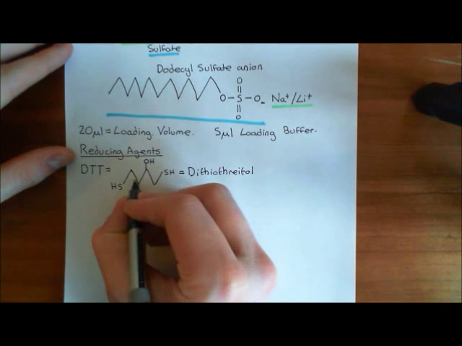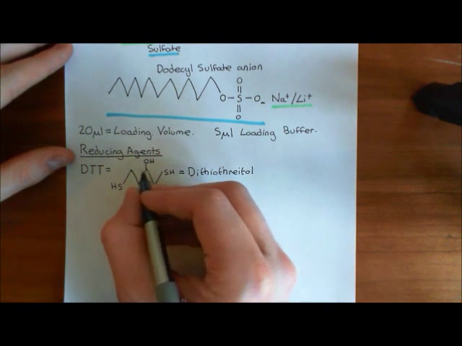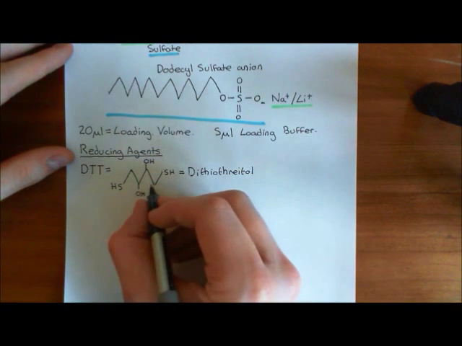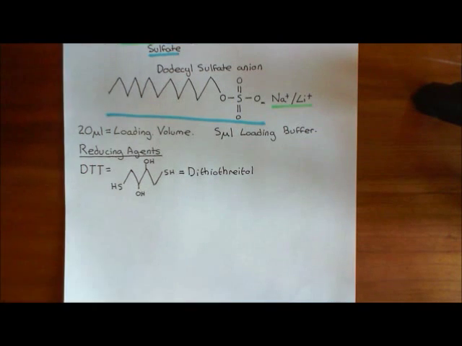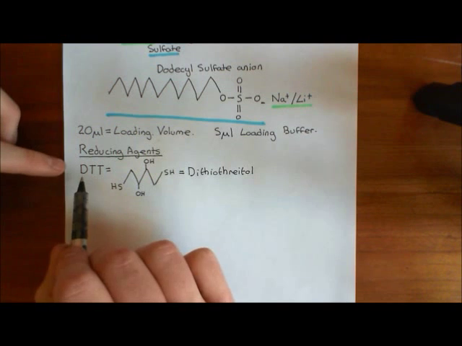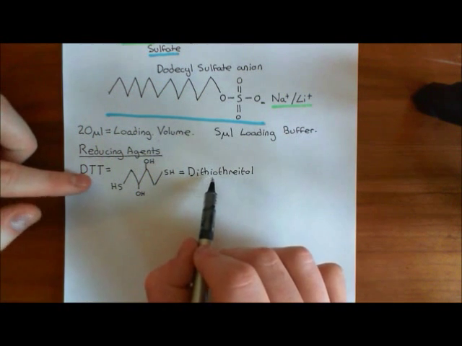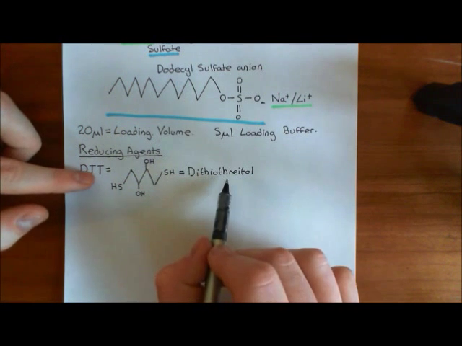So it's nicely symmetric. You've got this 4-carbon backbone, 2 alcohol groups coming off the 2nd and the 3rd carbon, and then off the 1st and the 4th carbon you have thiol groups, and this is known as dithiothreitol. Abbreviated, it's D for di, T for thio, and then the second T is for threitol.